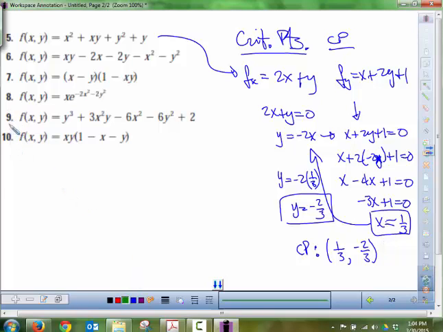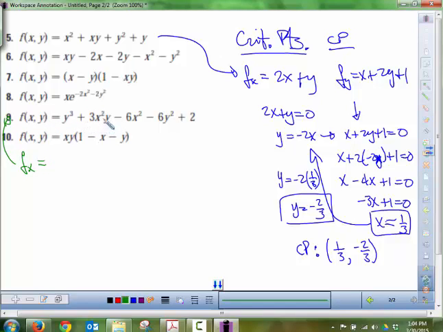Let's try another one. Let's take one that's to the third power and see, I don't know if this is going to be much more difficult than the one we just did. So let's compute fx and fy again.